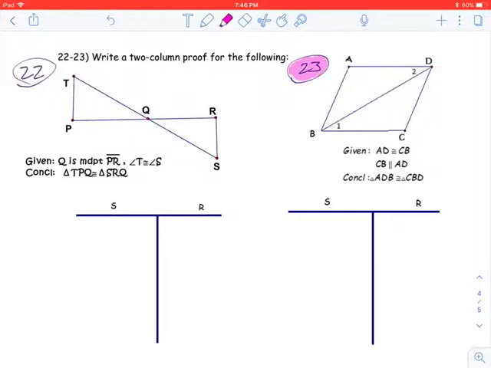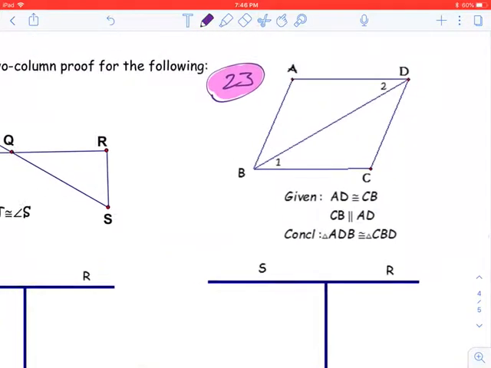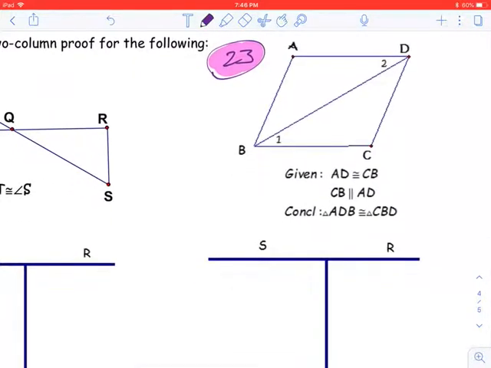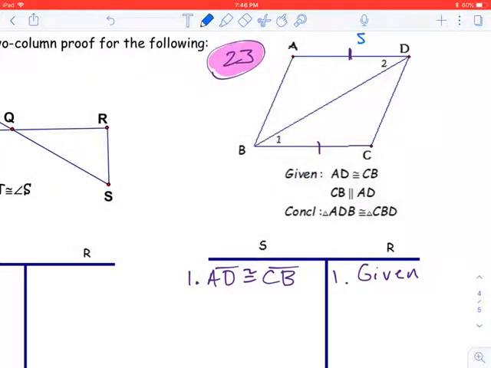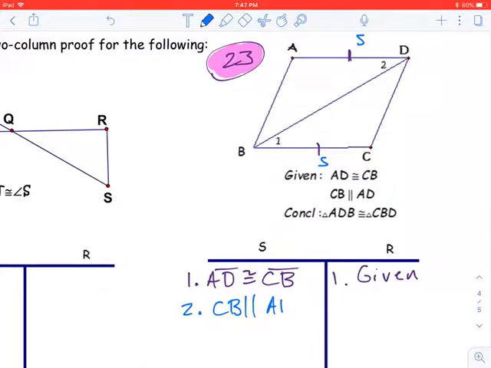Okay, so for 23, our given is that AD is congruent to CB. Okay, so let's go ahead and write that one down, congruent to CB. And that is given. So far, I have S. Okay, and then step 2, or the second given, it says CB is parallel to AD.